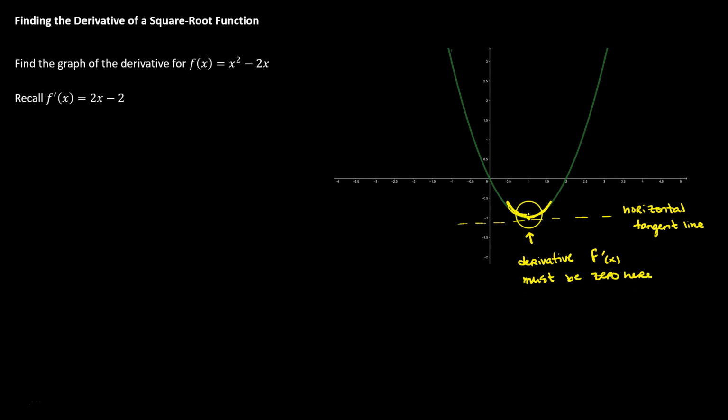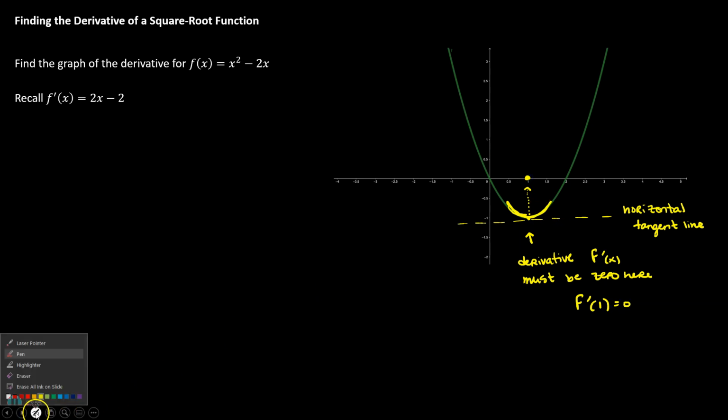So I'm going to trace up to the x value. The x value is at 1, which means f prime at 1 has to equal 0 for my function. Maybe my function is not equal to 0 all the time. Maybe it's just equal to 0 at this single point.